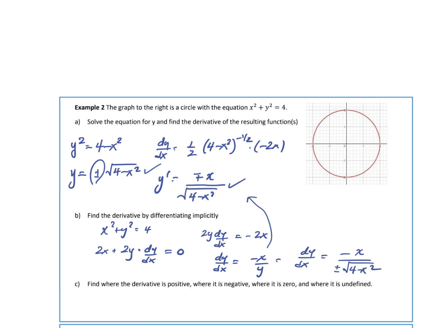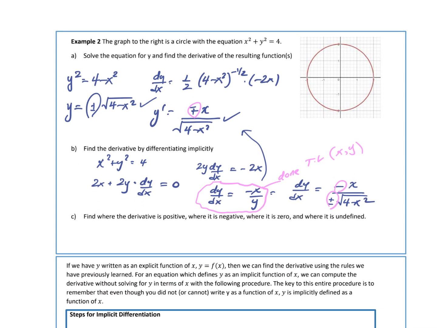I know the signs are a little quacky, but in the end it's not going to matter, because you're going to get a plus and a minus, or a minus and a plus. So again, implicit is better because a lot of times they don't care, and you can always leave it in terms of x and y. So we would be done here. And if you had to find a tangent line, you would just literally plug in the x value and the y value.